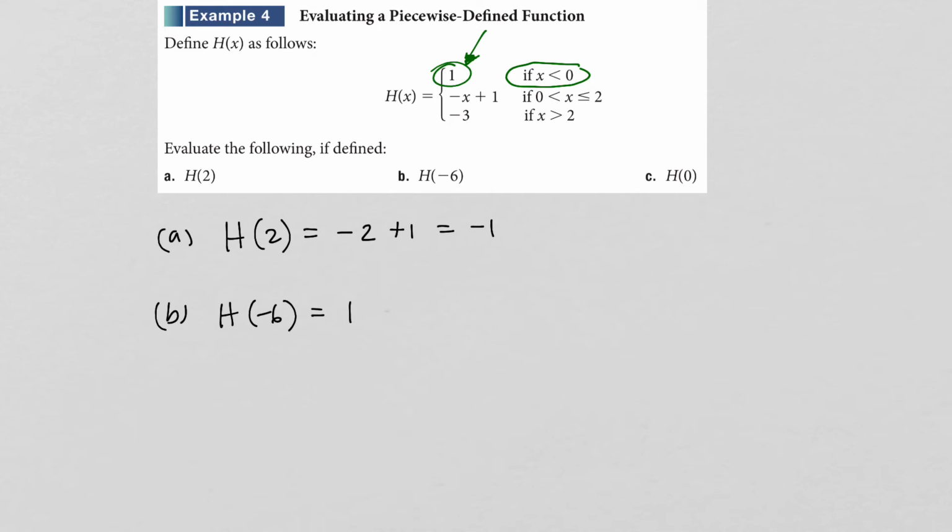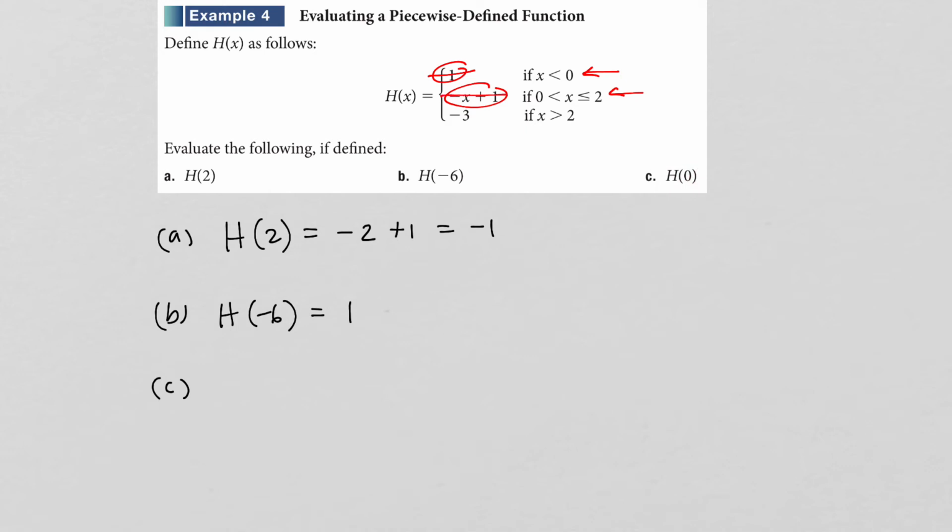And finally, for part C, it says, what is h of 0? Well, let's see. Do we use this definition? No, because that's only true when x is less than 0, so that's out. Do we use this definition? Well, this is only true if x is bigger than 0, but less than or equal to 2. But if x is bigger than 0, that does not mean x is 0.